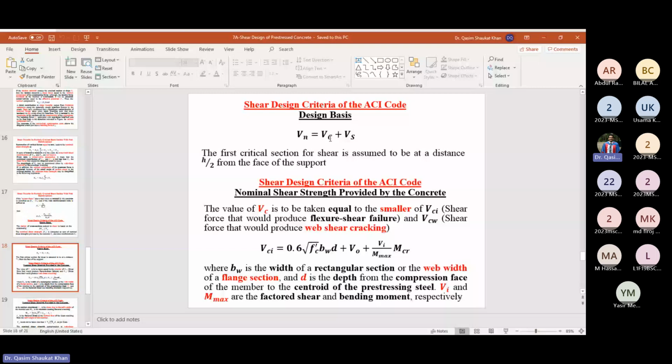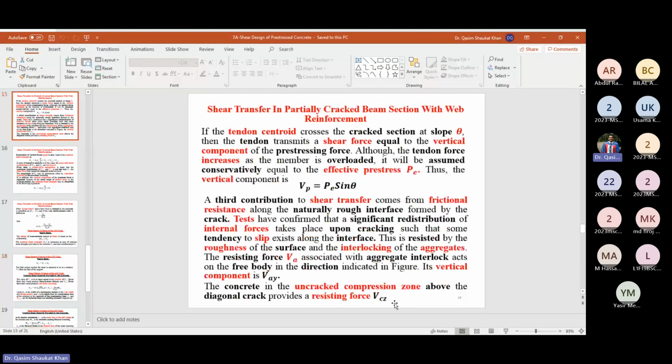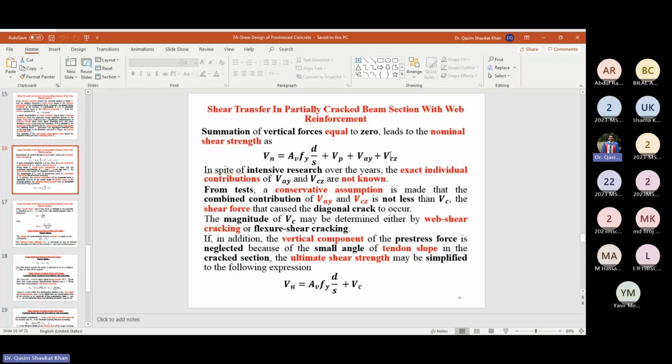The concrete part comprises basically Vcy and Vcz, the uncracked compression zone, which we have conservatively taken equal to Vc, and this Vp we have ignored.